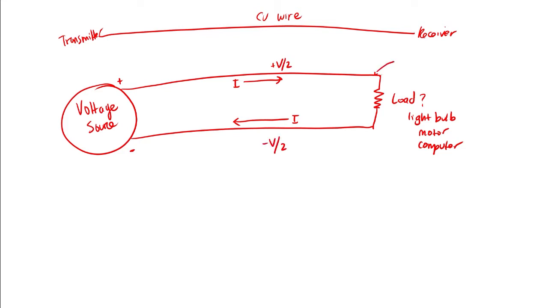And our wire here has a diameter d, and the distance between the two is the distance D. And our load has a resistance R. So this is our idea here.